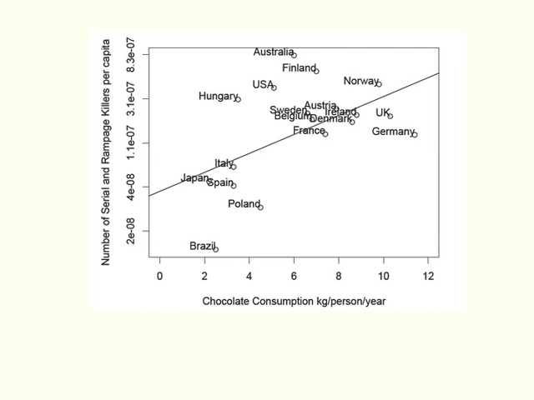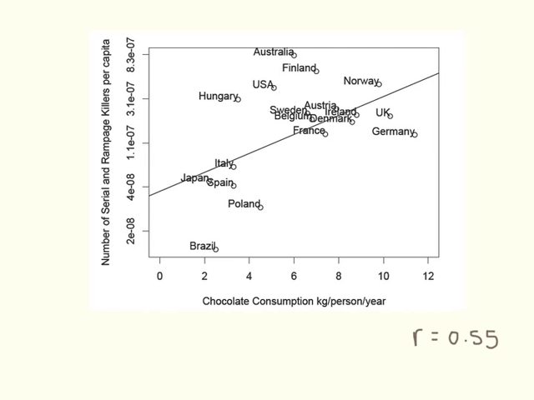First, they showed this correlation here, between chocolate consumption per year and the number of serial and rampage killers per capita in each country, or the log number of serial and rampage killers per capita. And this correlation was 0.55, which is pretty good as well.